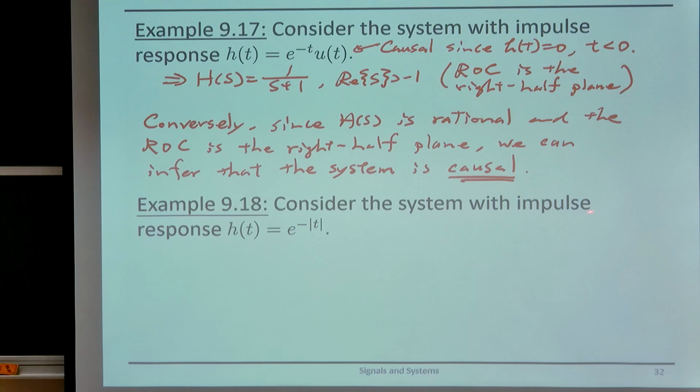Now let's look at this case here. Suppose you have a system with an impulse response that looks like this. So this is a double exponential, a two-sided decaying exponential. So this obviously is not causal.